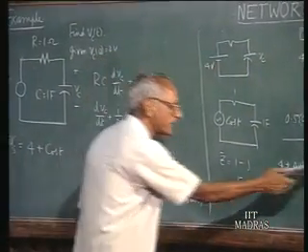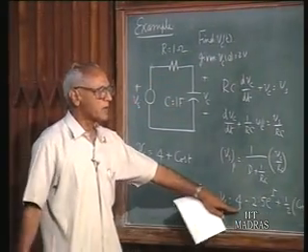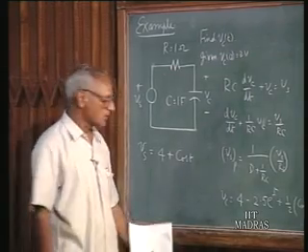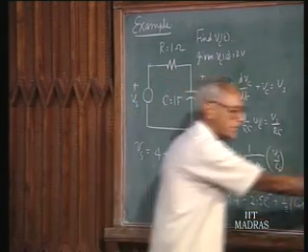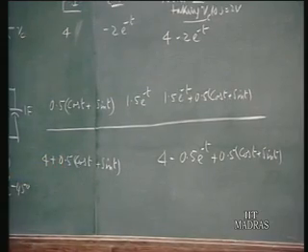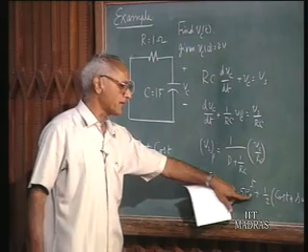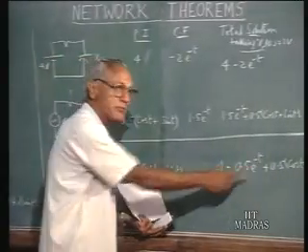Now, if you compare these two expressions with the result that you would obtain under normal calculations, you will observe that 4 plus half cos t plus sin t, the particular integral solution here, is the correct one. However, in the total solution you get 4 minus 2.5 e to the power of minus t plus this, whereas here you get 4 minus 0.5 e to the power of minus t.